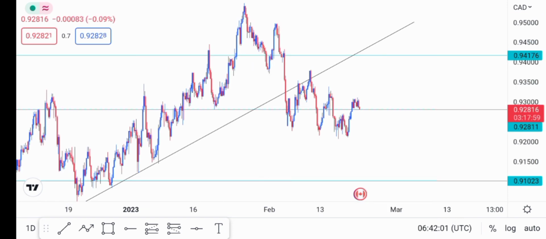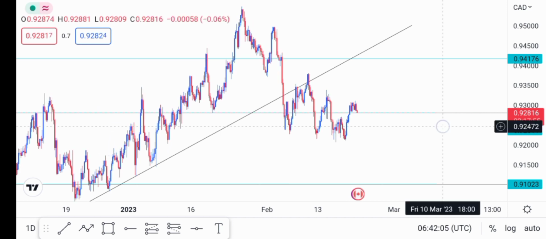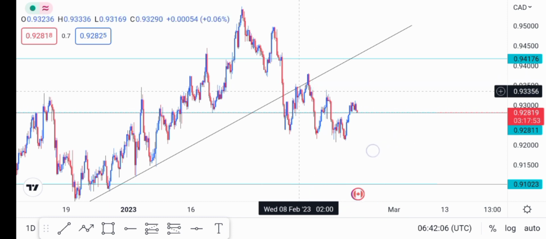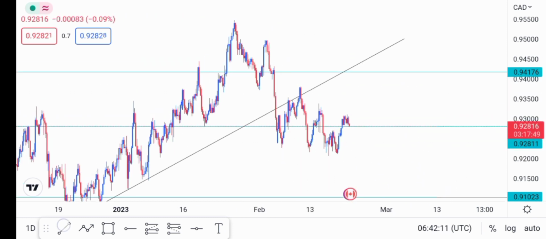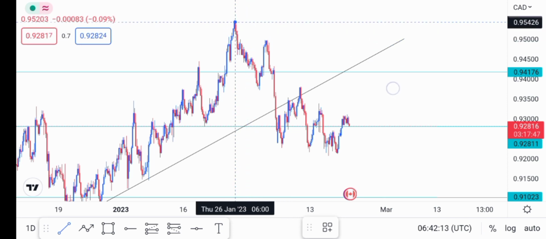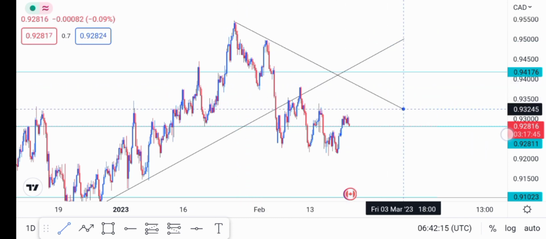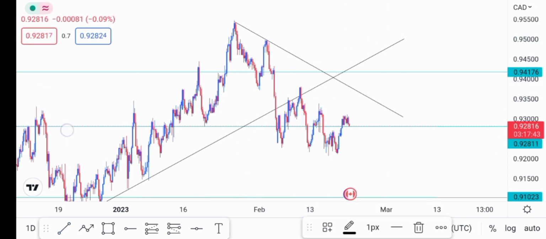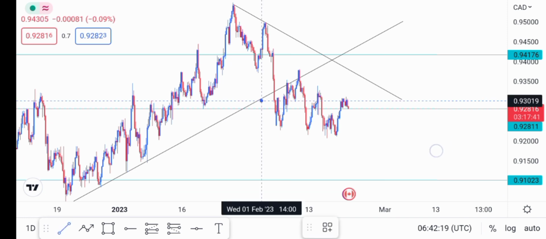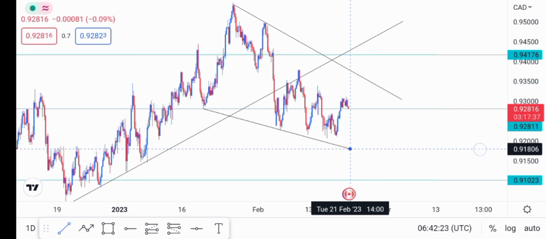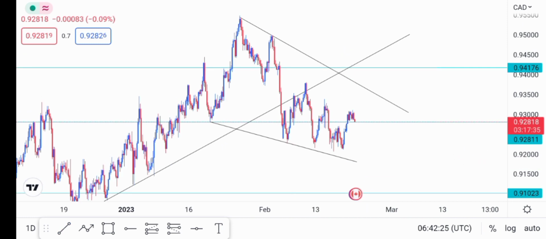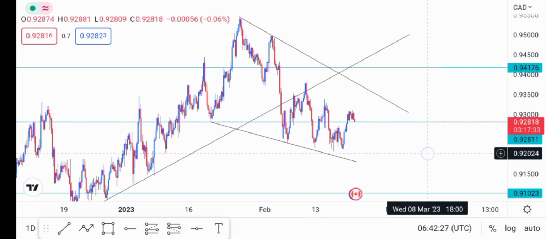Okay, yeah, guys, you can see that we did break out and we had a beautiful movement around this area here. So if you were to draw a trend line starting from this point over here, we'd have something like this. And if we were to draw a trend line based on the lower side, we would have something like this, which doesn't really make sense to me that much.